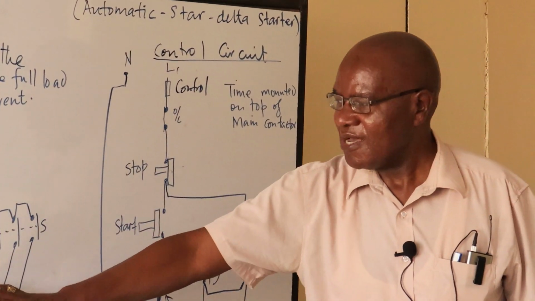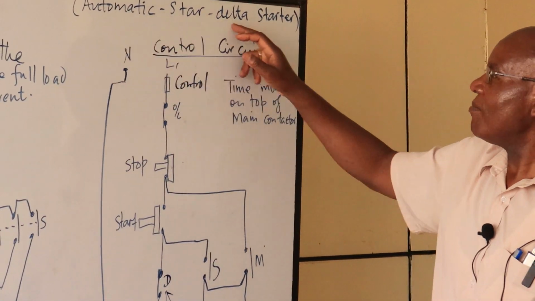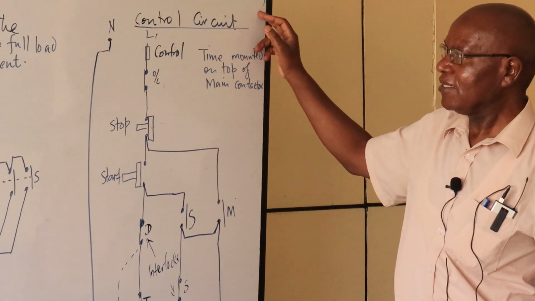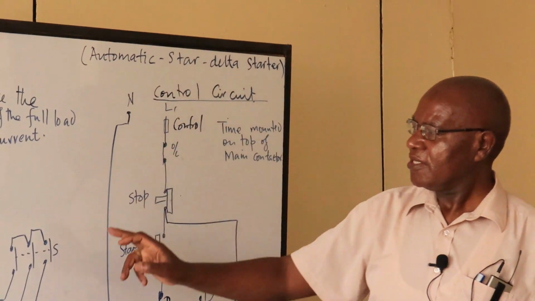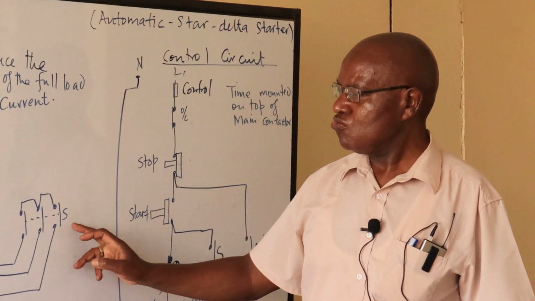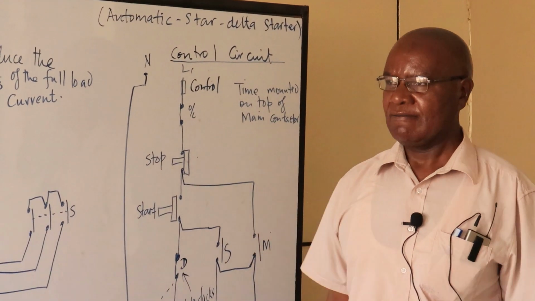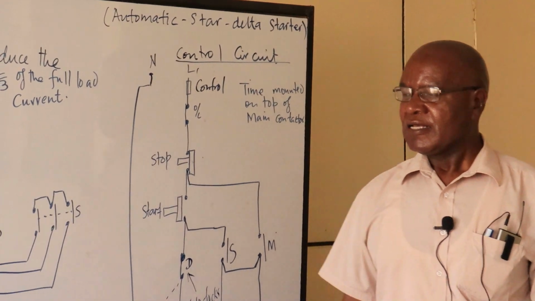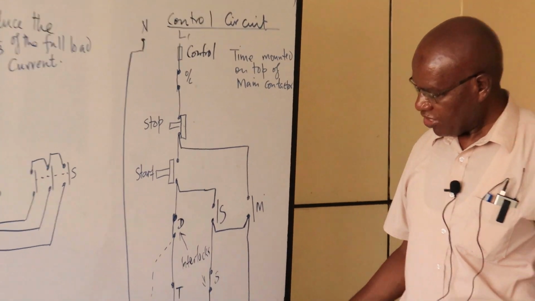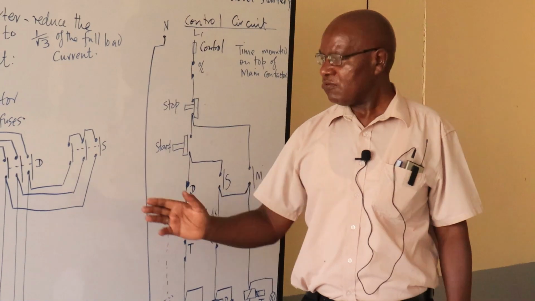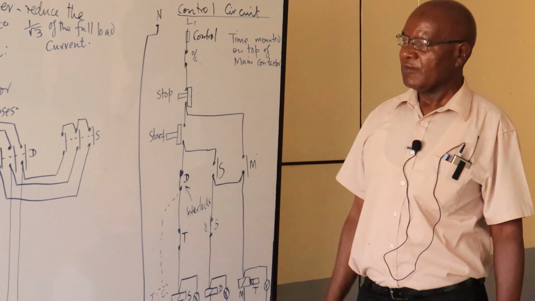Now this our circuit here sometimes is referred to as automatic star delta starter. The automatic bit is only the changing over from star to delta. Sometimes if you don't get that timing correct, your motor might stall when it changes over to the delta.